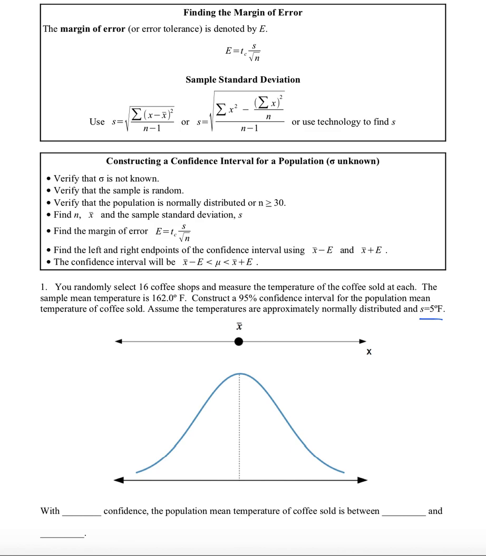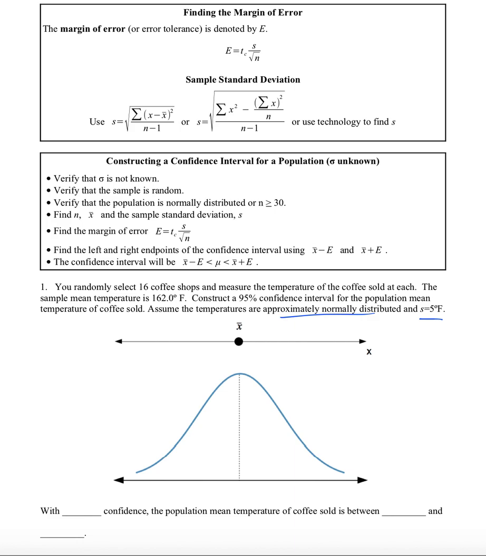Now you may notice that the number of coffee shops sampled is actually less than 30, and that should raise a red flag as well. However, notice that the temperatures have been claimed to be approximately normally distributed. With that in mind, we actually can use the steps that are listed above.